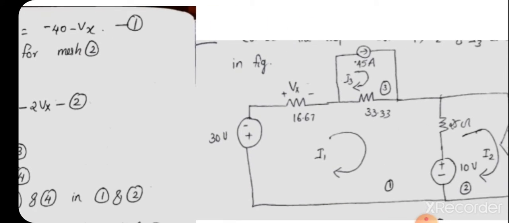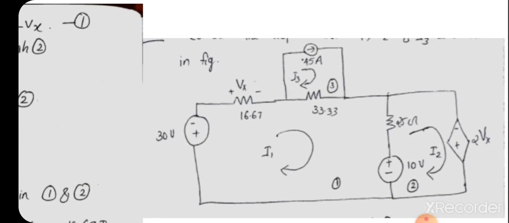So what is the next step? We have applied mesh analysis for the I1 mesh and I2, and next there is I3, and you can write the mesh equation for the third mesh, but you know that it contains only a resistor and a current source. So we marked the loop current I3. Okay, and you can clearly see from the figure that I3 will be equal to 0.45 ampere, right?